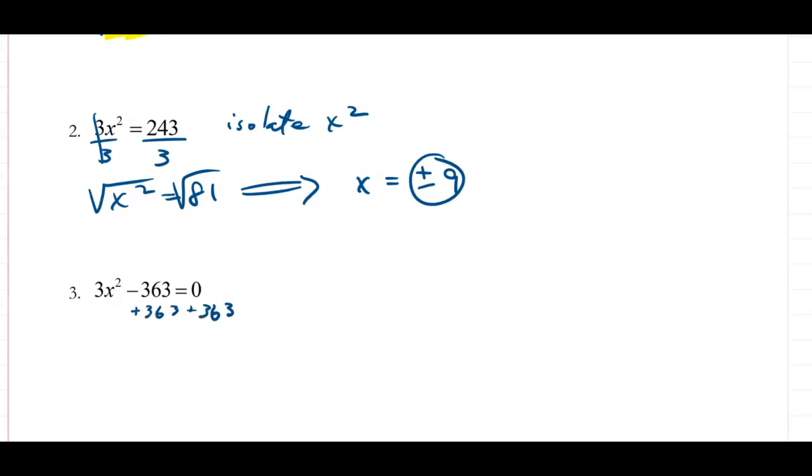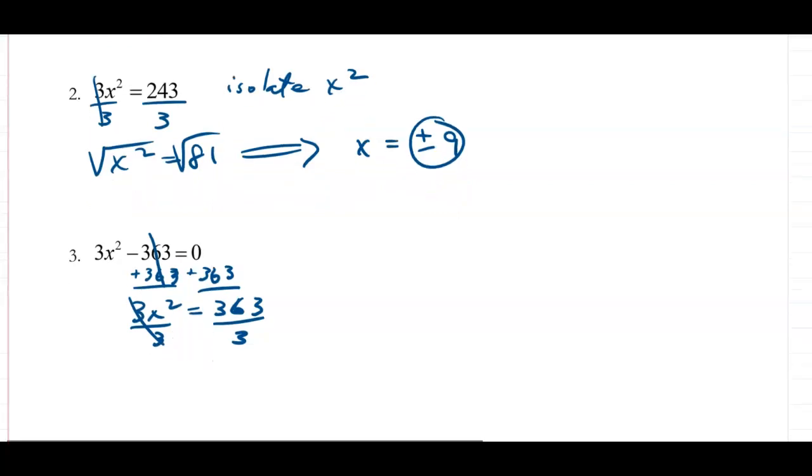So we get 3x squared by itself. And this will give us 3x squared is equal to 363. Well, we want x squared, so we're going to divide each side by 3 now. And we divide each side by 3, we'll get x squared is equal to 121.